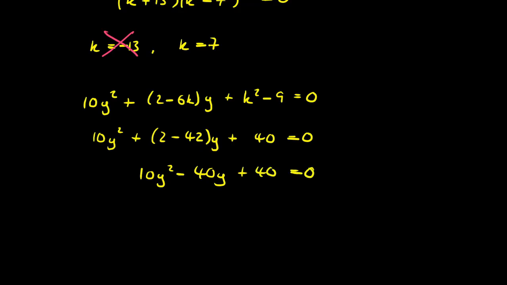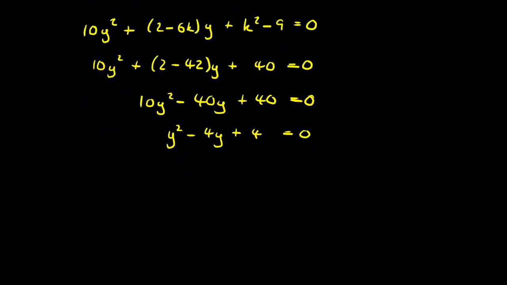Well, we can certainly divide that through by 10 to make our lives easier. So y squared minus 4y plus 4 is equal to 0. And that looks to me like that will factorize, giving y minus 2 squared is equal to 0. Okay. Yeah, that looks right. And so if that's the case, then y is equal to 2.